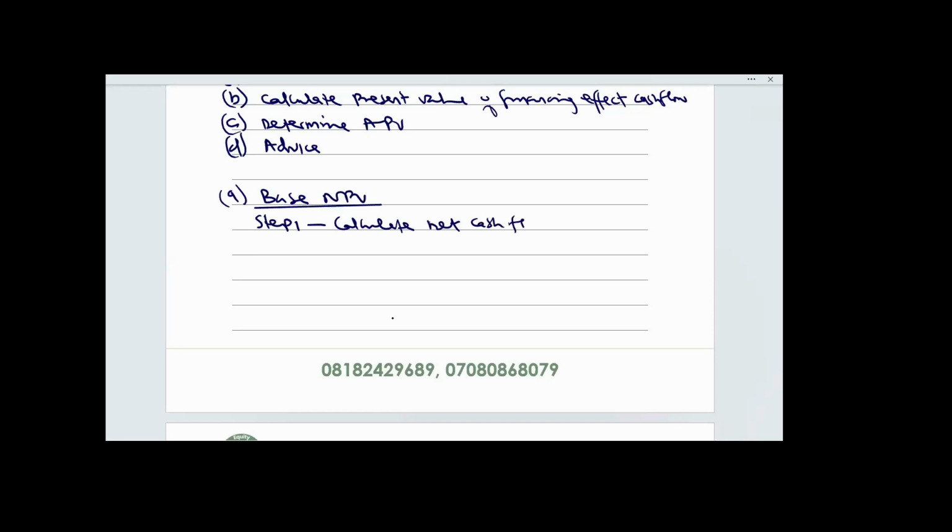Calculate net cash flows, considering the sales value, sales, variable costs, incremental attributable specific fixed costs, working capital, initial outlay, inflation, taxation, etc. All those things you normally do when you are computing the NPV is the same thing.